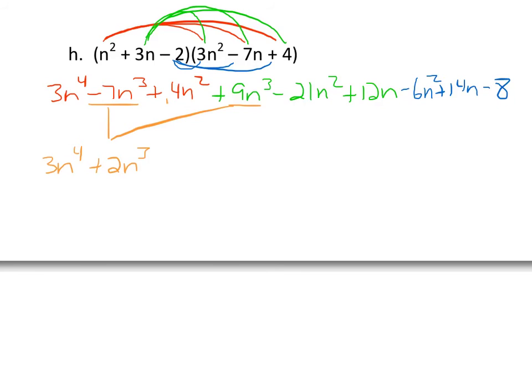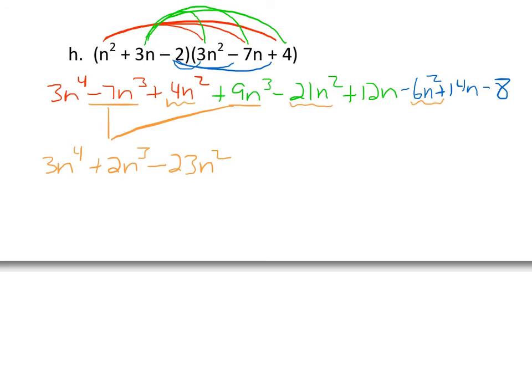We have an n squared there, an n squared there, and an n squared there. So we have a positive 4, negative 21, and negative 6, which would give us a negative 23n squared.